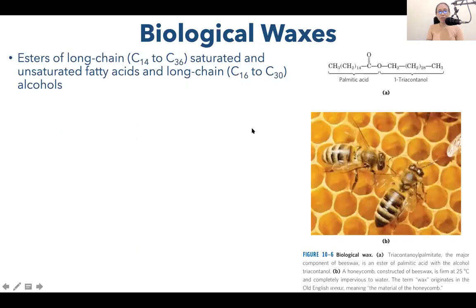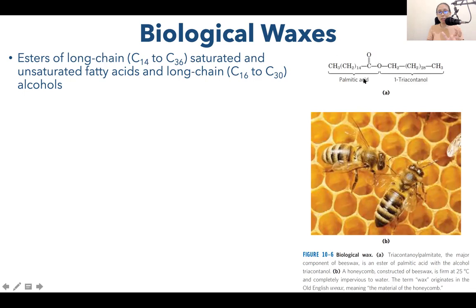Aside from fatty acids and triacylglycerols, we also have biological waxes. So these are formed by, you have a fatty acid and a long chain alcohol. So these two molecules will form an ester. This is an example.